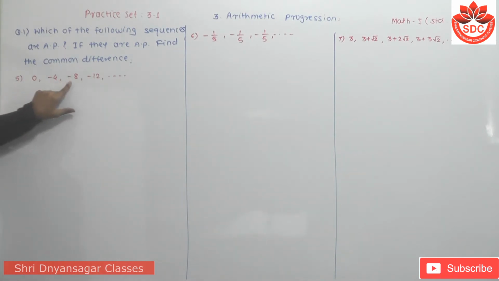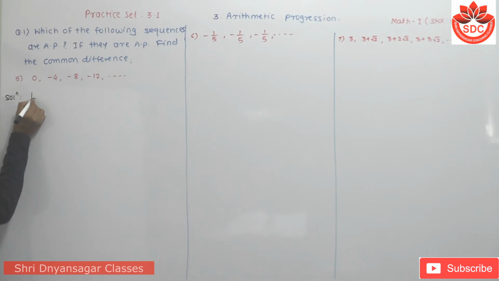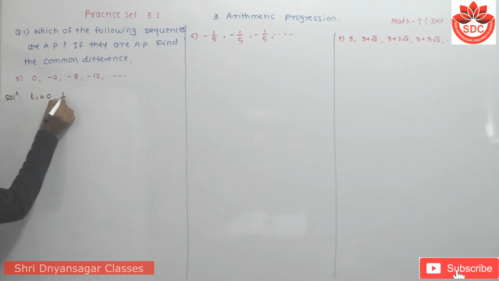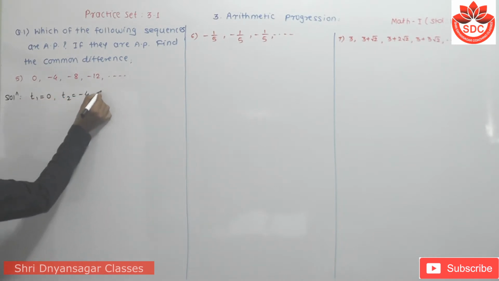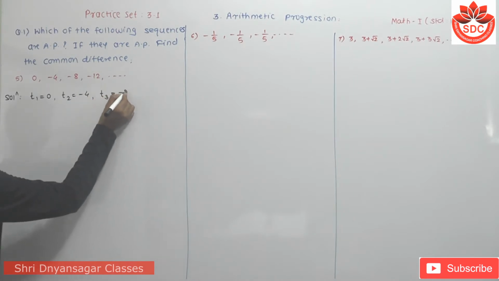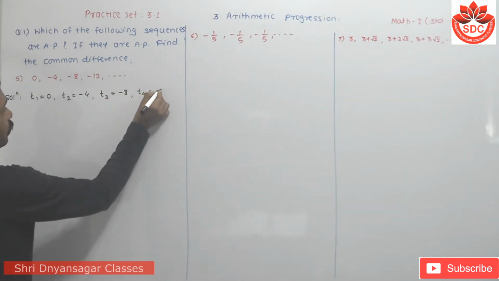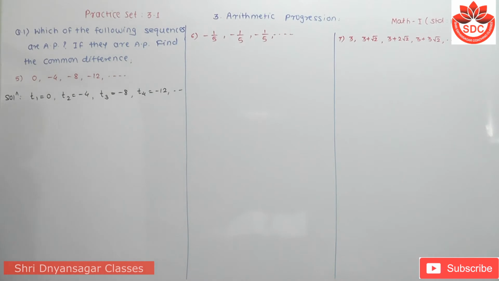0, minus 4, minus 8, minus 12, and so on. Here is the solution. Let T1 is equal to 0, T2 is equal to minus 4, T3 is equal to minus 8, T4 is equal to minus 12 and so on.